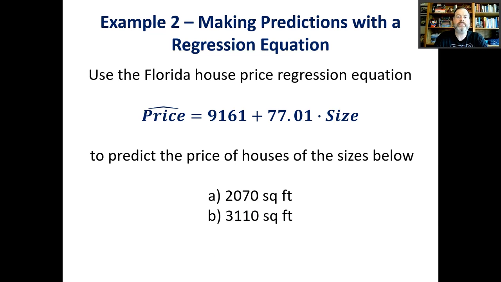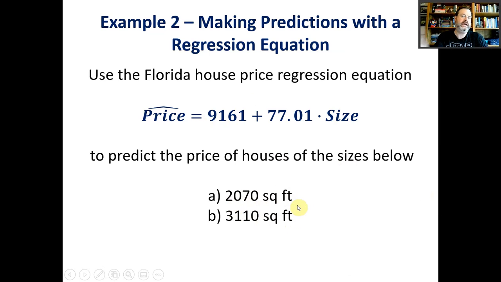So here's how you make predictions with a regression equation. So if you're given the graph, you can just go up to the graph and then over. But if you're given the equation, you actually have to plug the numbers in. So let's use this equation to predict the price of these two houses.